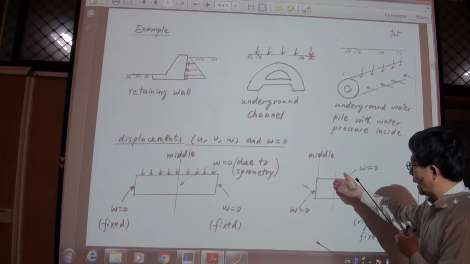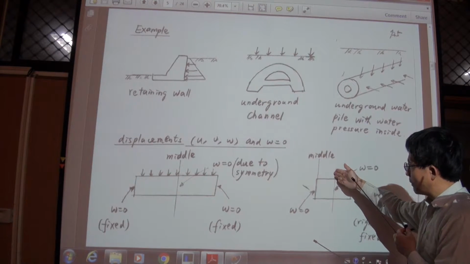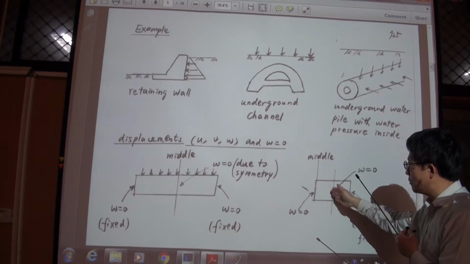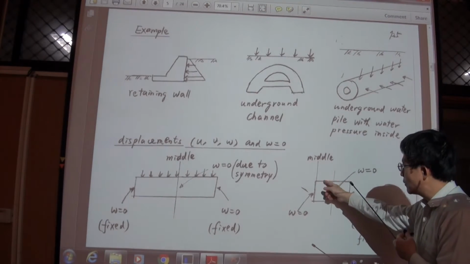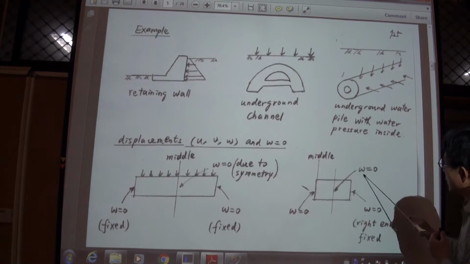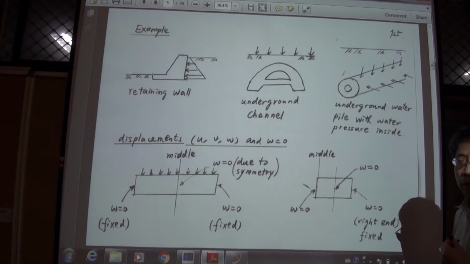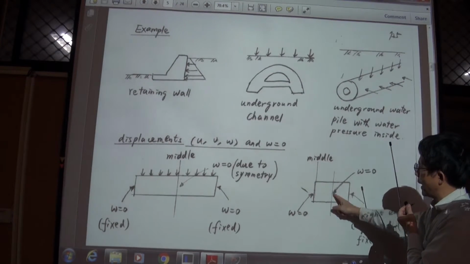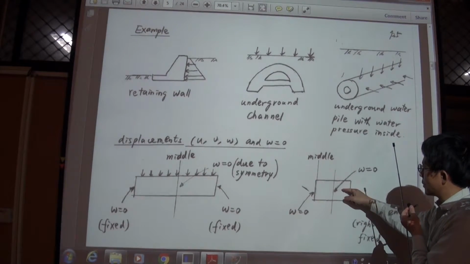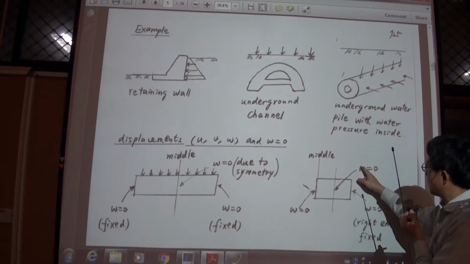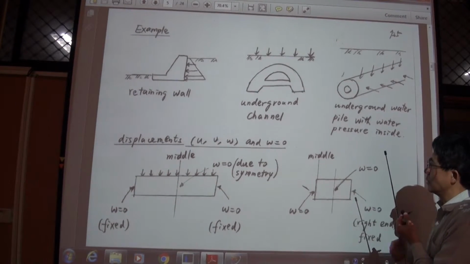So by such kind of argument, we understand that the middle plane of this free body must have a 0 W value. Means that the displacement of this middle plane cannot go to the right and also cannot go to the left. Okay, so W equals 0 in this cross section.